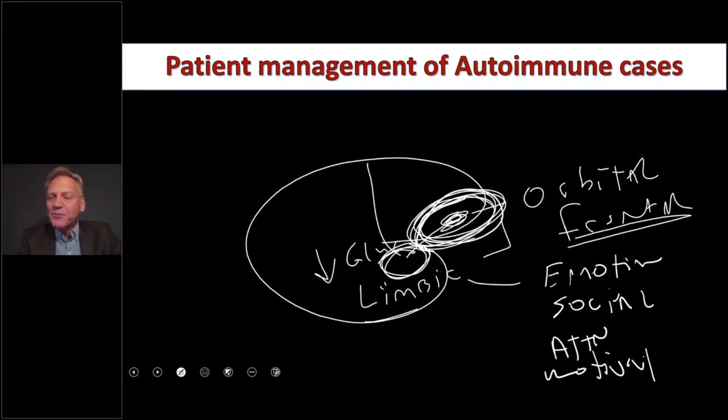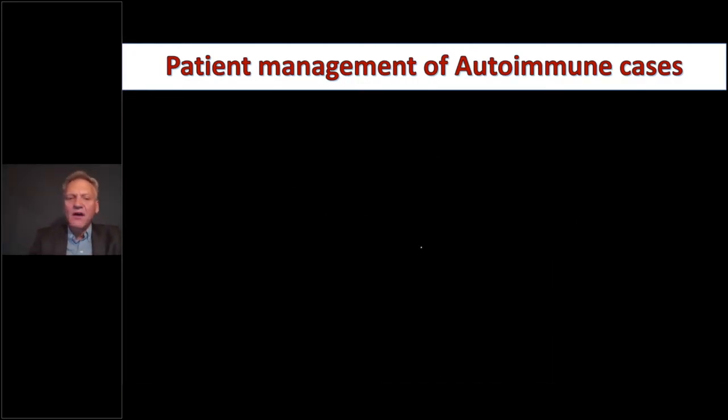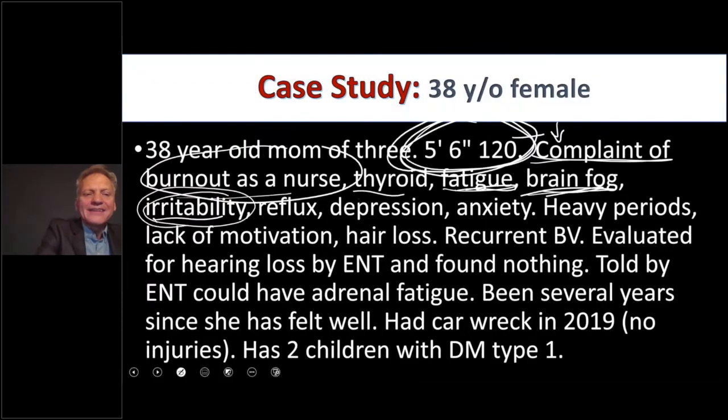Orbital frontal, 90% of what it does, it's got its foot on the brake, so you're not having road rage, so you're not getting ticked off at the least little thing. You're not getting agitated, right? So if you don't have good energy for the brain, then all of a sudden you have lack of ability to modulate with your orbital frontal, so you get irritable, right?